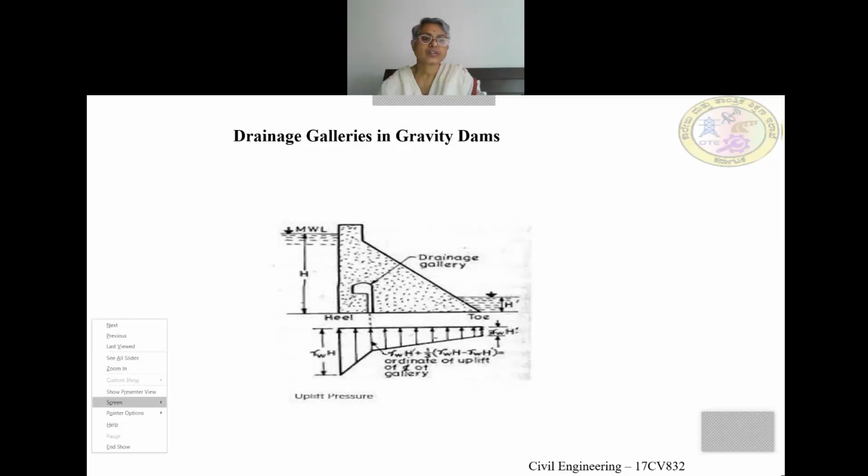So if I take a pen, you see the drainage gallery will be like this. It's an opening which will be provided along the length of the dam, and it will be parallel to the axis of the dam, or parallel to the longitudinal axis of the dam.